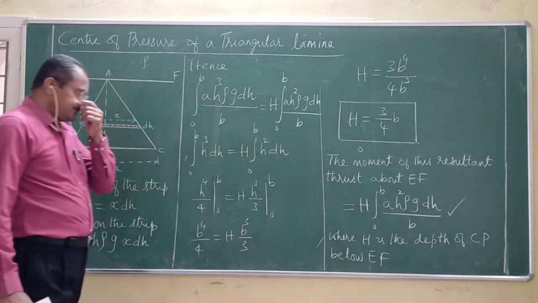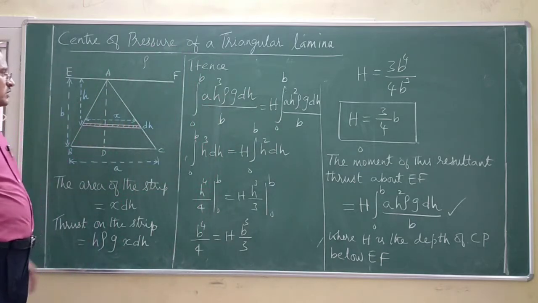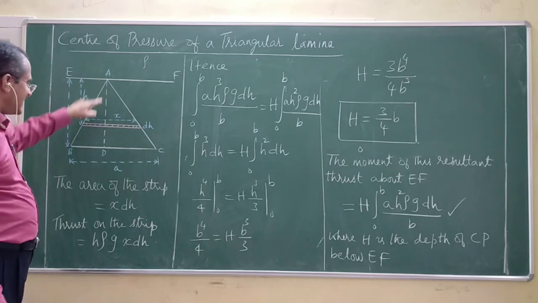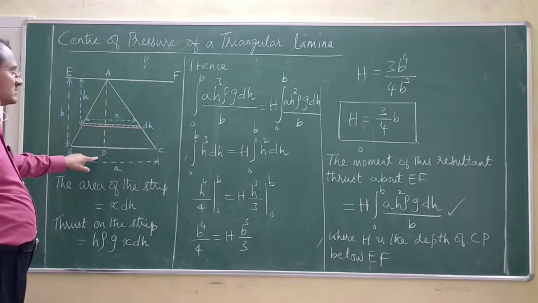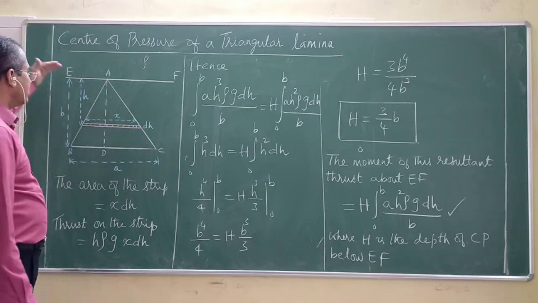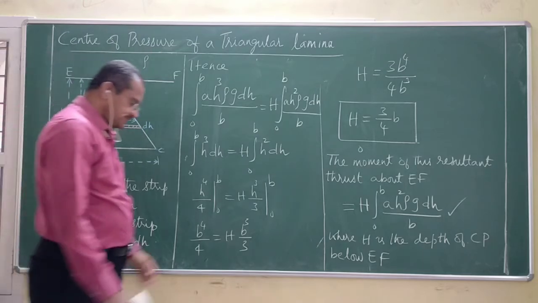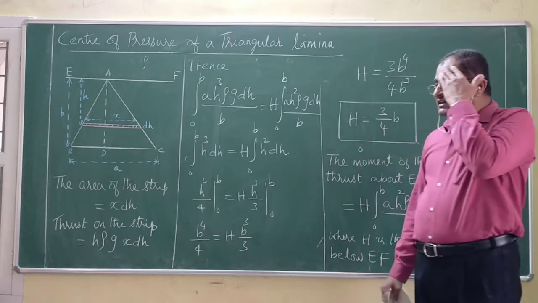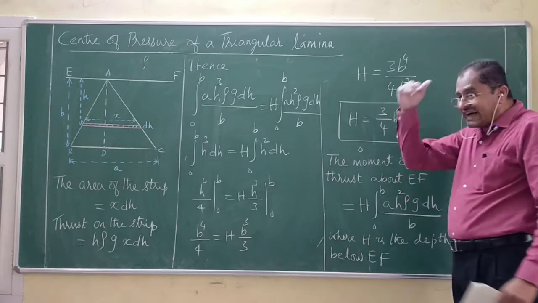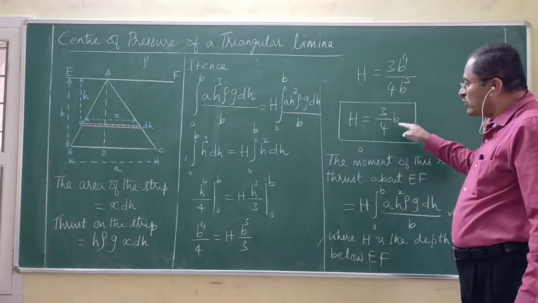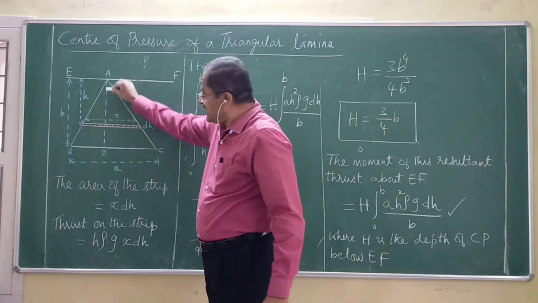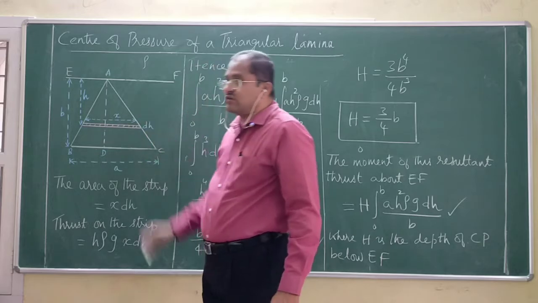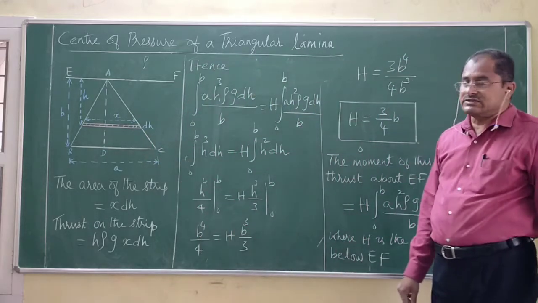So as to say, the center of pressure of this triangular lamina lies on the median AD at a depth 3 by 4 b from the surface EF. Finish. The center of pressure of this triangular lamina lies at a depth 3 by 4 b on the median AD from the surface EF. Is that clear to you?